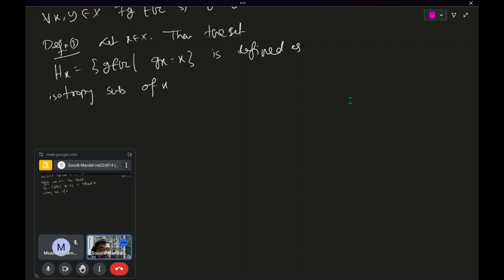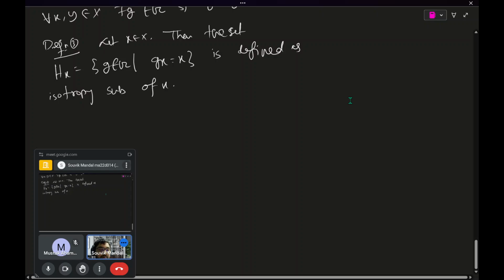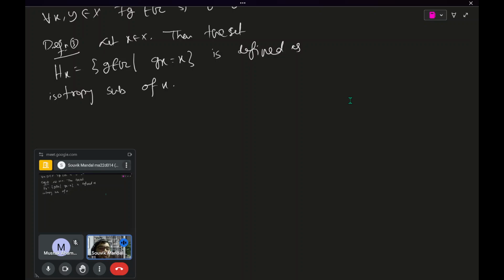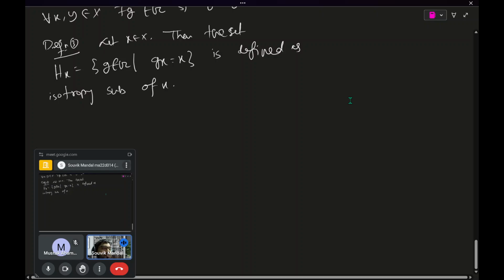So these are the total three definitions till now. The first one was the action. The second definition tells what transitive means, the same as in algebra.